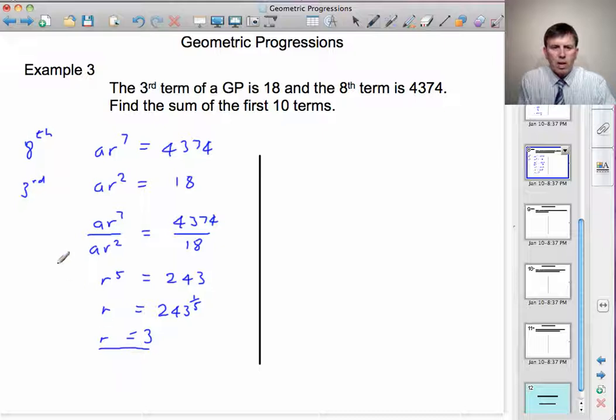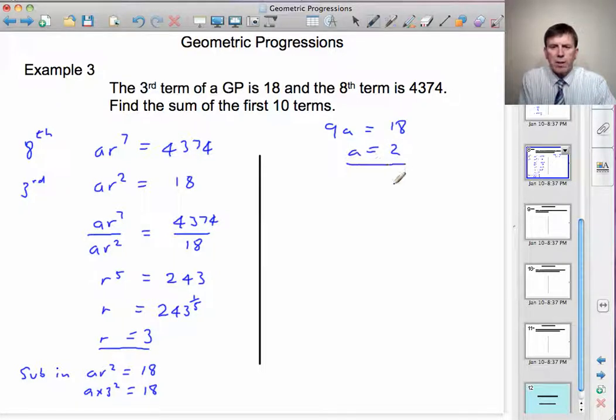Now we can substitute for that in one of these original equations to find A. So let's substitute in AR squared equals 18, and we get A times 3 squared equals 18. Now 3 squared is 9, so that's 9A is equal to 18. So A is equal to 2, 18 divided by 9. And there's the two values we need, A and R.